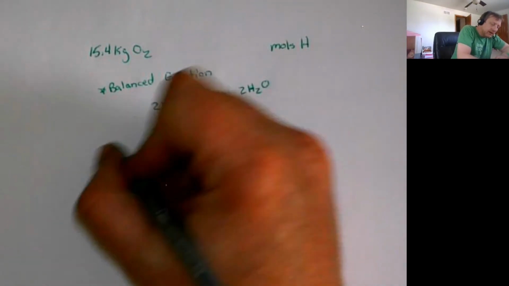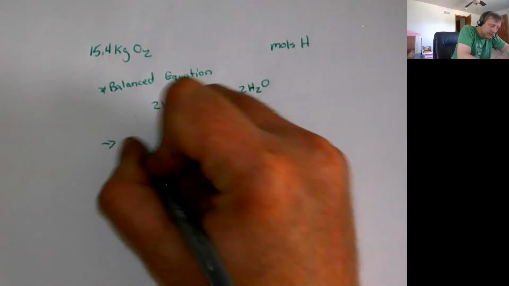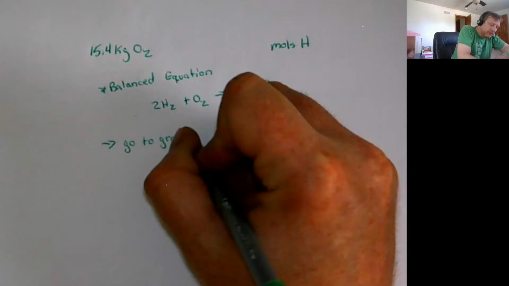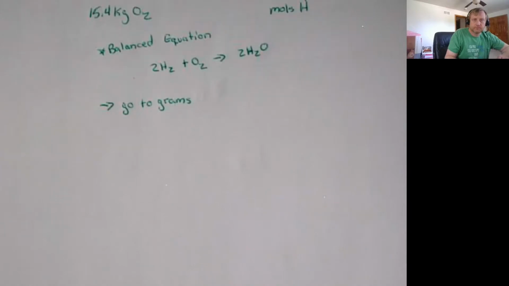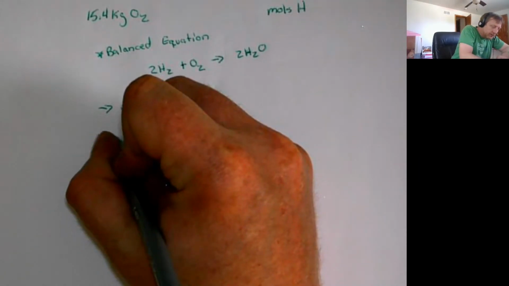So the first thing we're going to do is convert that 15.4 kilograms into grams. And then we want to turn that into moles of oxygen.